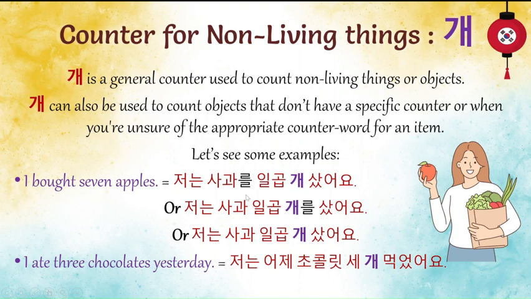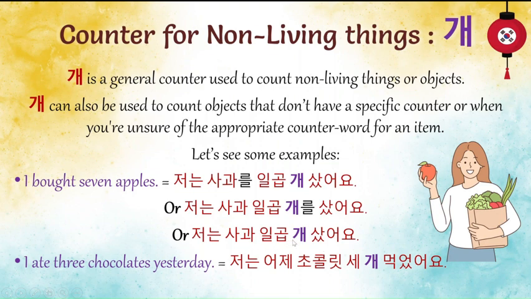Either you can attach the object marker to the object or the noun, or you can attach it to the counter word. Both of these forms are acceptable. Now, one more way to say this is 저는 사과 7개 샀어요. No need to put the object marker. You can see there is no object marker in this sentence.